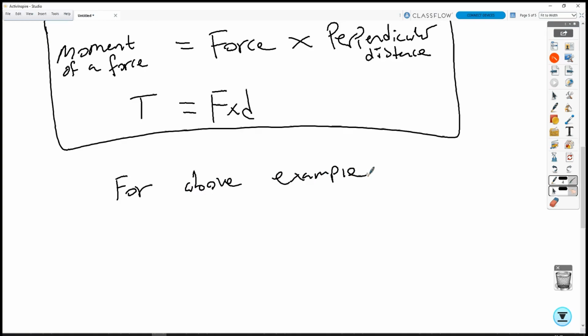The clockwise moment from the skinny guy is equal to the anti-clockwise moment from the fat guy. So F1 times X1 is equal to F2 X2. And this is only the case because we said they were in equilibrium. If they're not in equilibrium, then these won't be equal to each other.